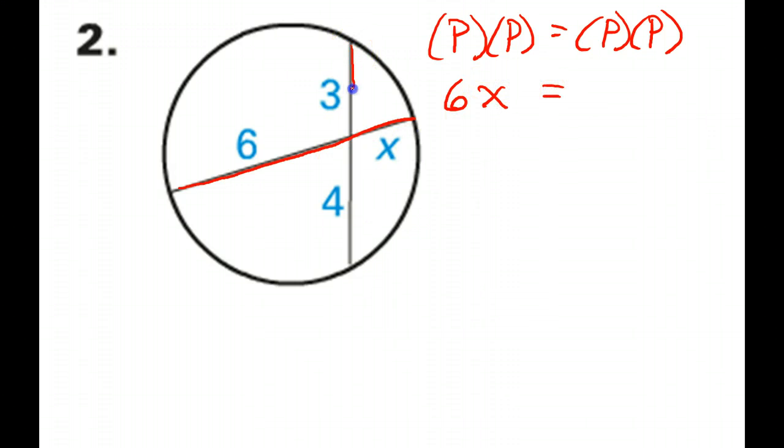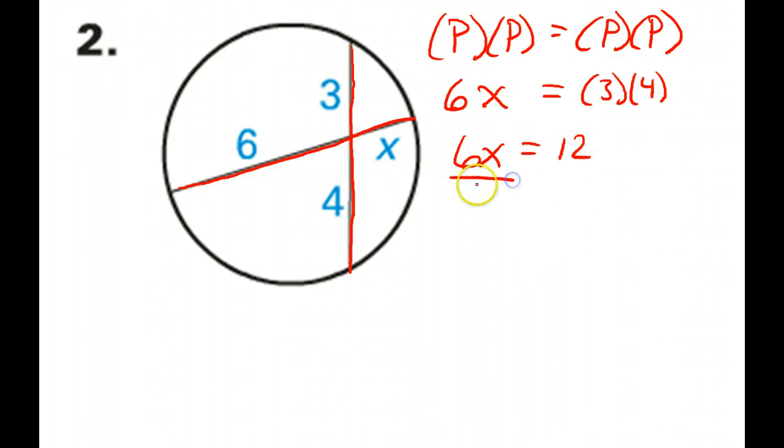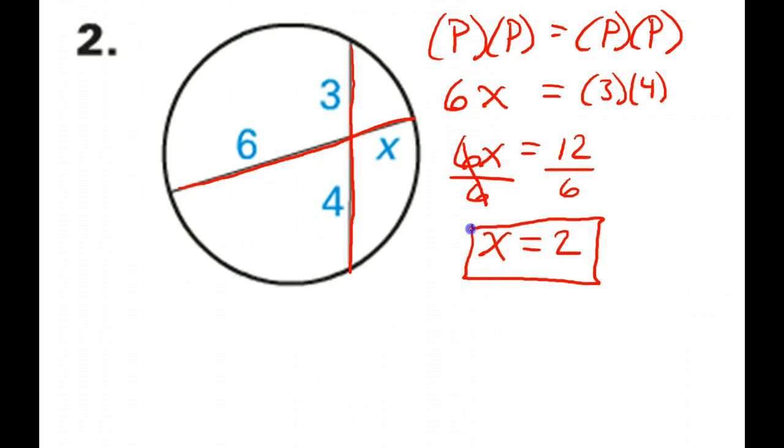In the case of this chord, that's going to be 3 times 4, which you can feel free to skip that step and go straight to 6x is equal to 12. Obviously, I'm going to divide both sides by 6, and I'll wind up with x equals 2. Okay, that's how we do that one.